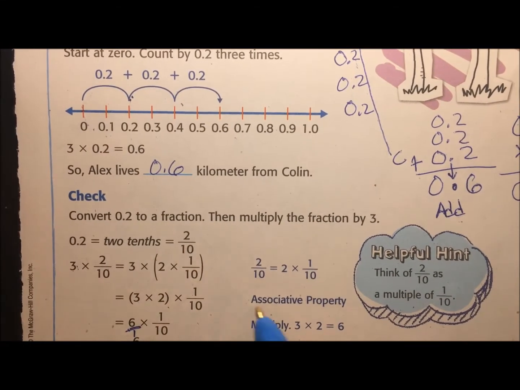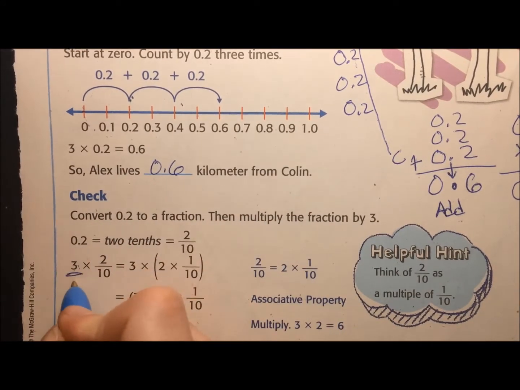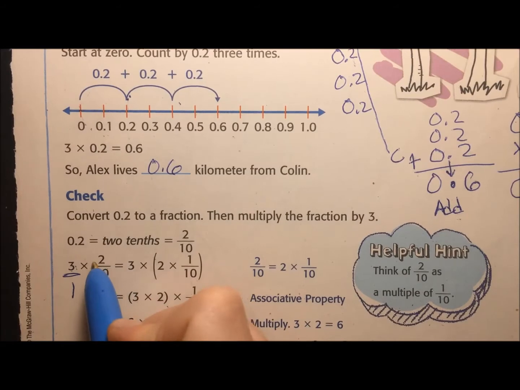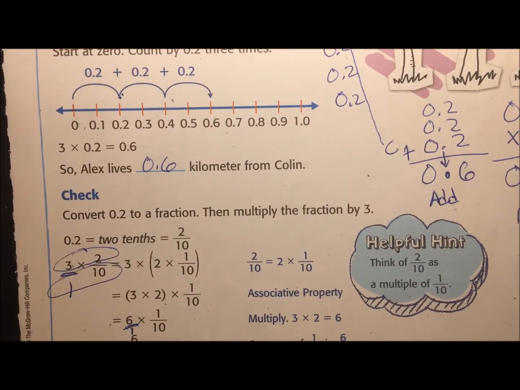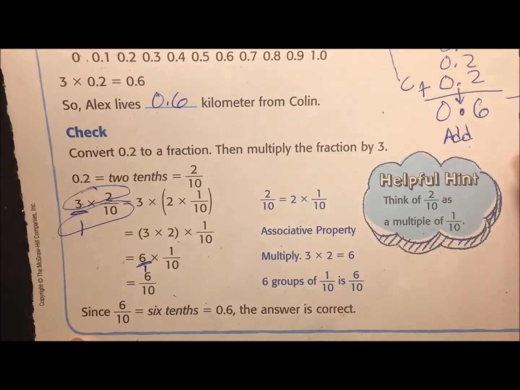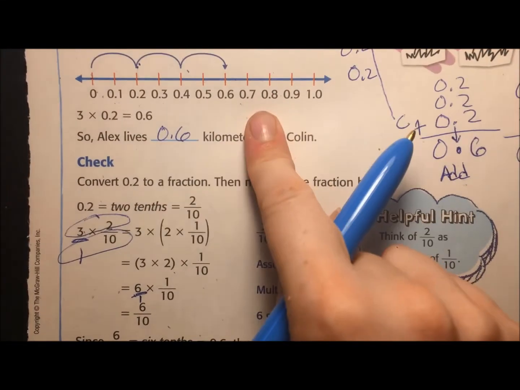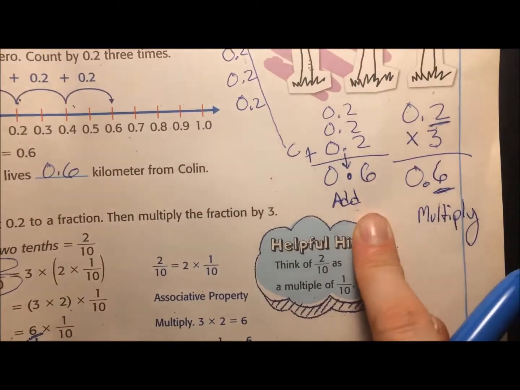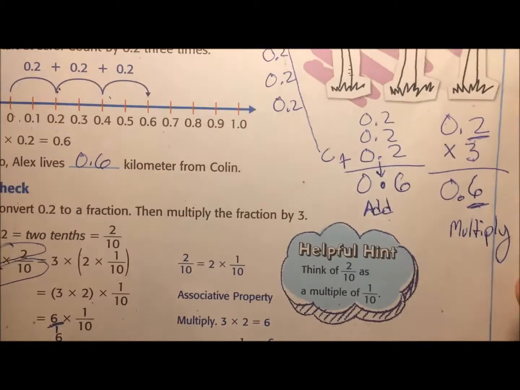Remember, in fraction multiplication, the whole number, you just put a 1 under it, and then you multiply across like this. So 6/10. And 6/10 is the same as 0.6. So there's 4 ways. Fractions, number line, adding decimals, multiplying decimals. You may pick your preference.